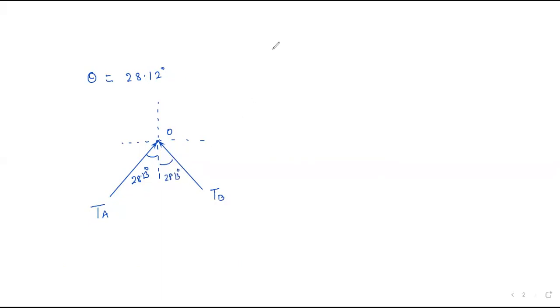Now I will show the weight, acting vertically downward, and its value is 2 kilonewton. So this is the FBD of point O.